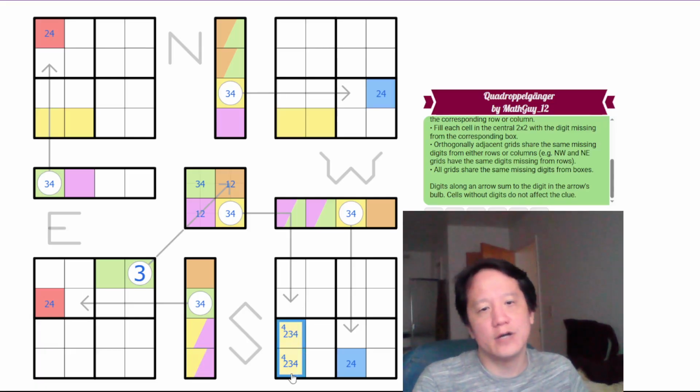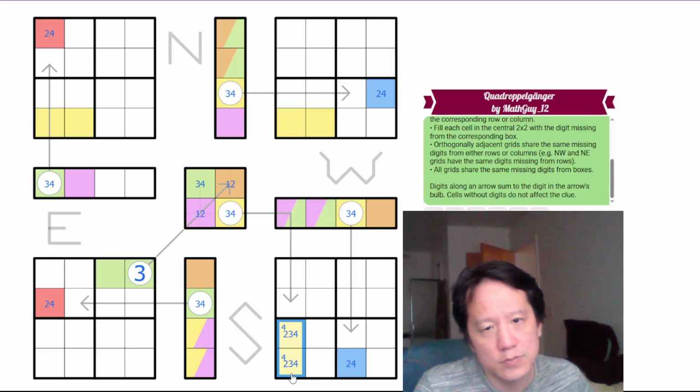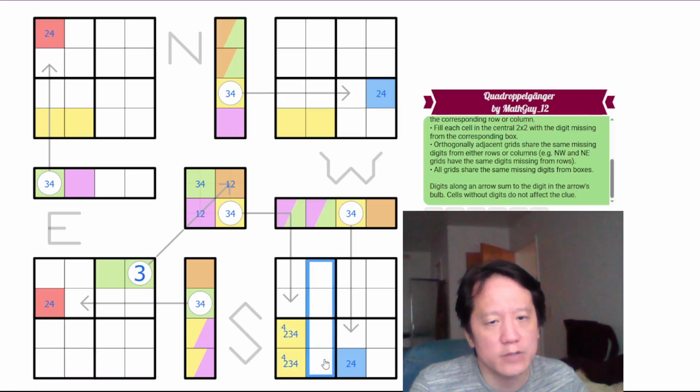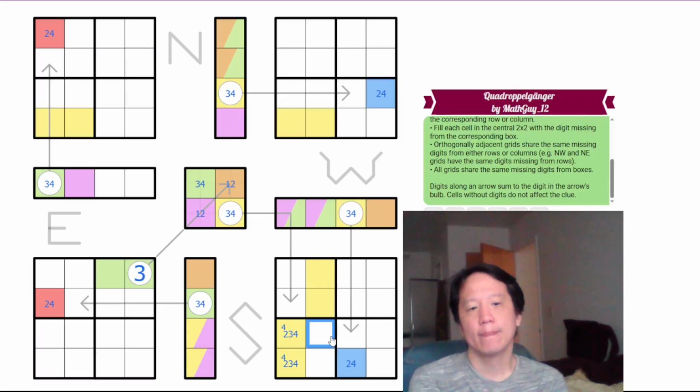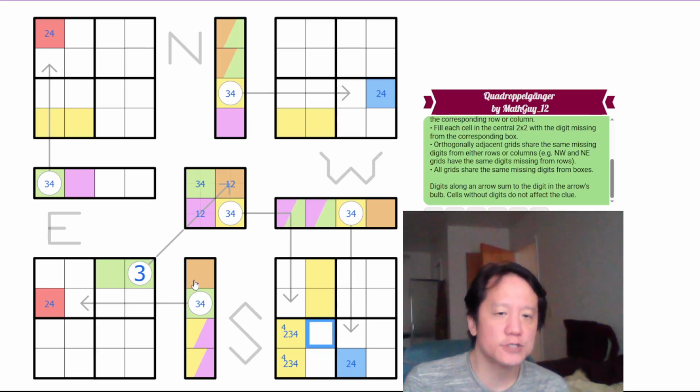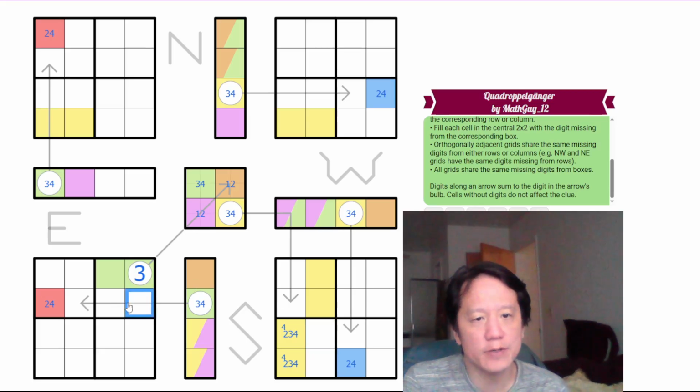We know yellow has to be one of these two. Okay. We are not missing yellow in column 2 in this grid. So this must be yellow here. Orange cannot be either of these cells in row 2, so orange has to be one of these two.